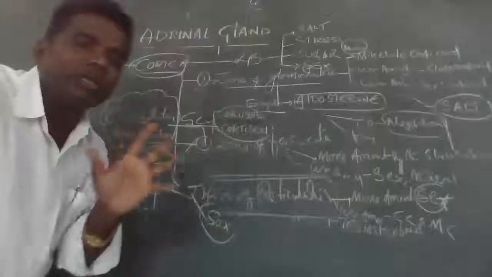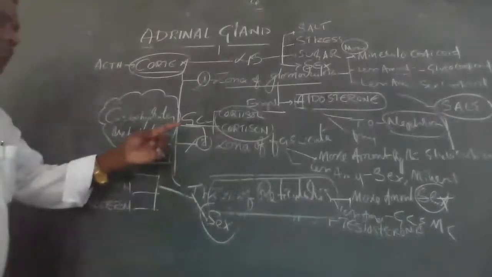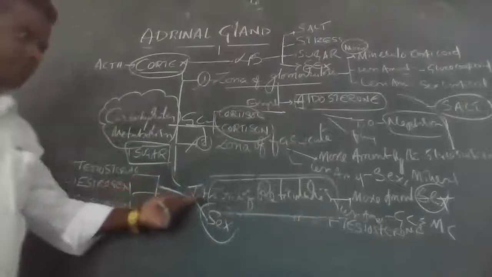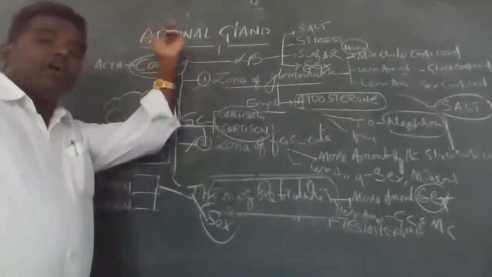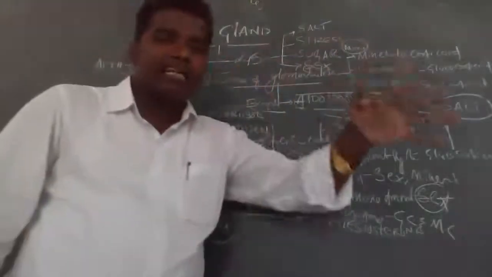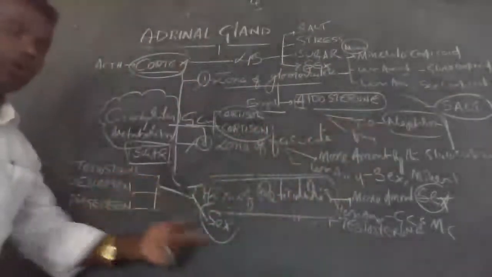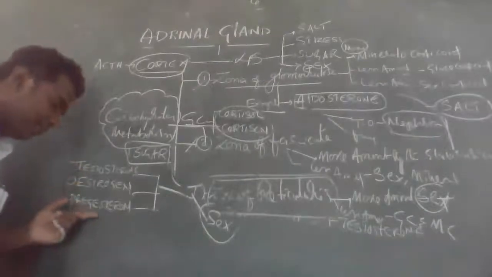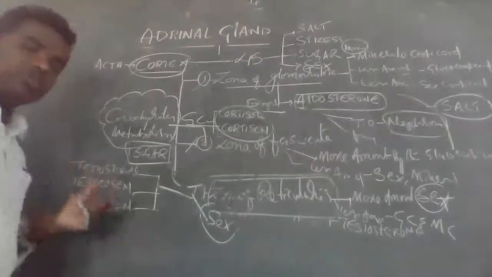Examples: cortisol and corticosterone, which are responsible for carbohydrate metabolism. That's why the sugar level in the body is maintained and controlled by the glucocorticoids.